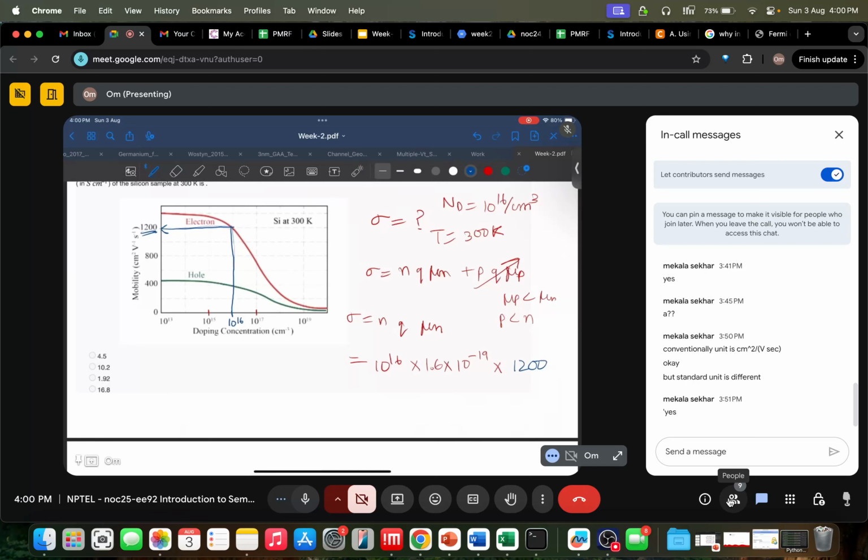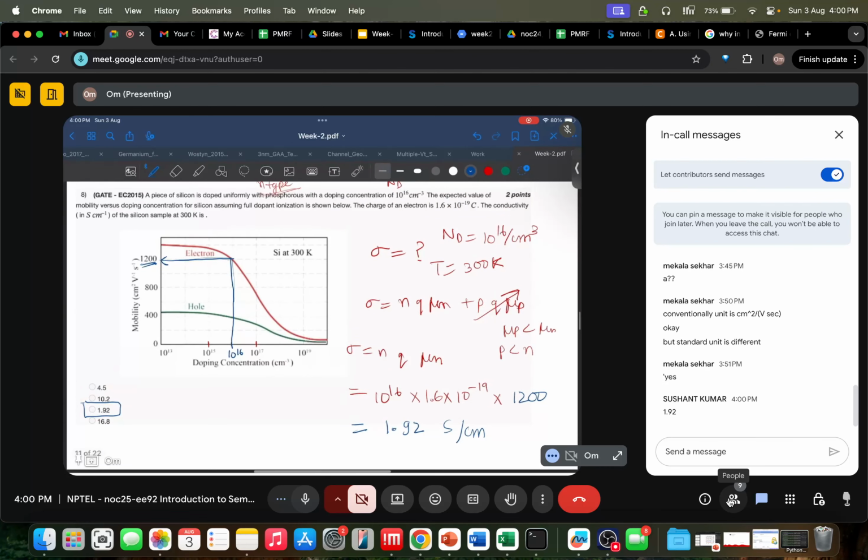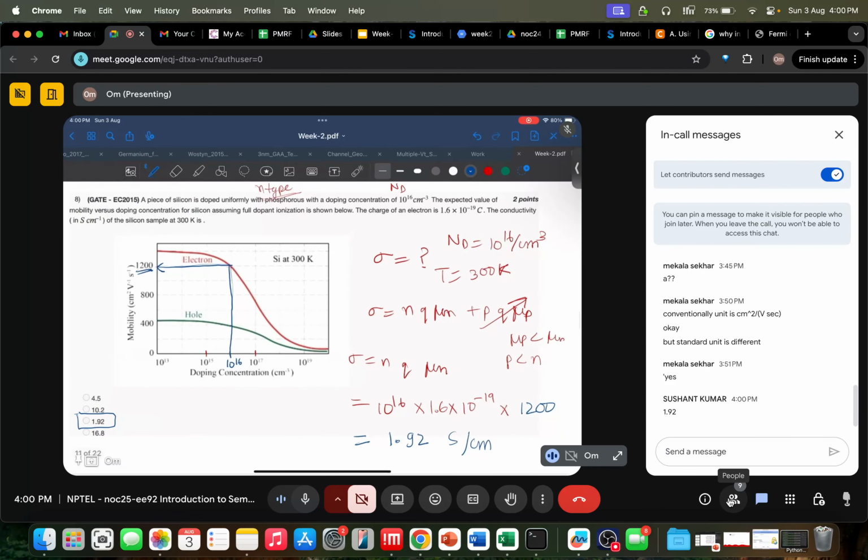When we solve this, what we get is 1.92 Siemens per centimeter. That is option C. Please go through it again and let me know if you have any doubts.